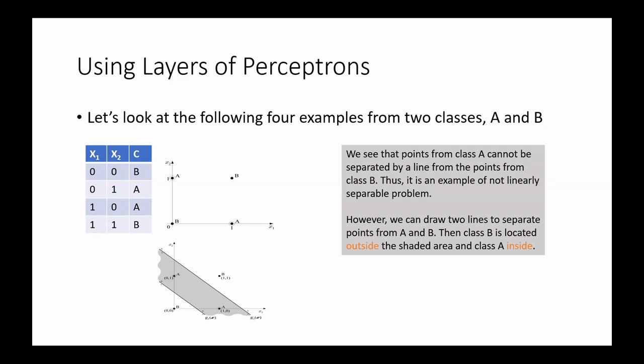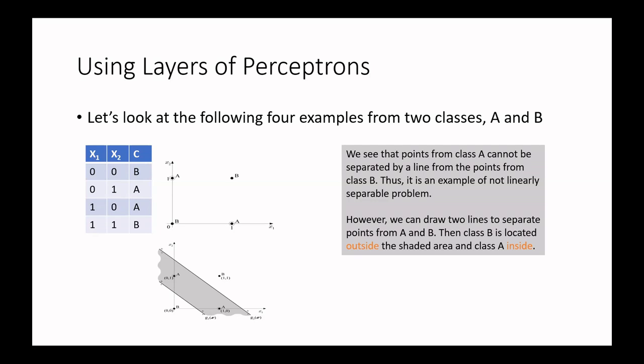With 2 lines, you can get an answer whether a given example is within the shaded area or outside it. This information you can then pass on to the next neuron, and that neuron can decide whether it should produce an output of 1 or 0. So with 2 layers of neurons, you can tackle this problem.